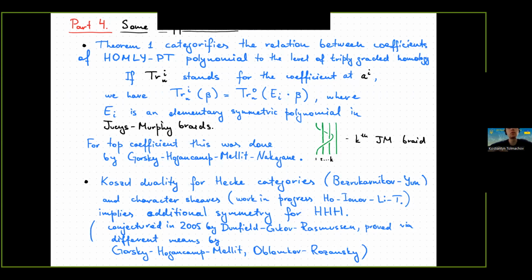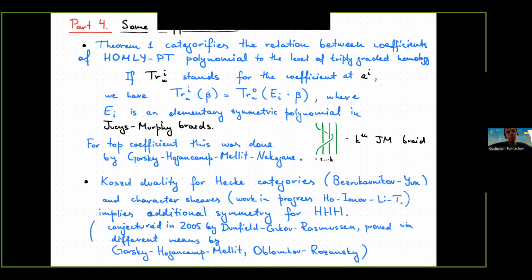And to compute the ith coefficient of the trace of beta, you really need to compute the zeroth coefficient of the trace of beta multiplied by this linear combination of braids.